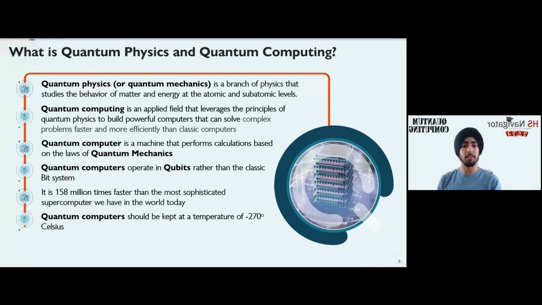Even the introductory, beginner quantum computers that we have nowadays, at the initial stages of the field, are around 100 million times faster than the most sophisticated supercomputers at certain problems. Not generically overall, but for certain problems, certain algorithms, certain processes, they can operate almost 100 million times faster, and they're only just getting started. And they also must be kept at a very low temperature. We'll talk more about that afterwards as well.